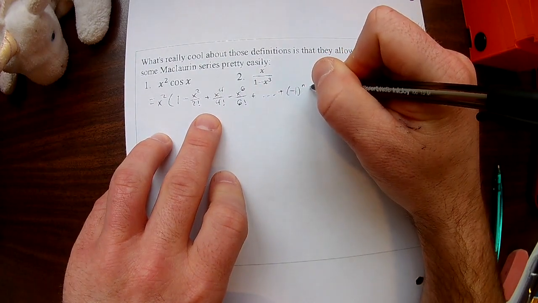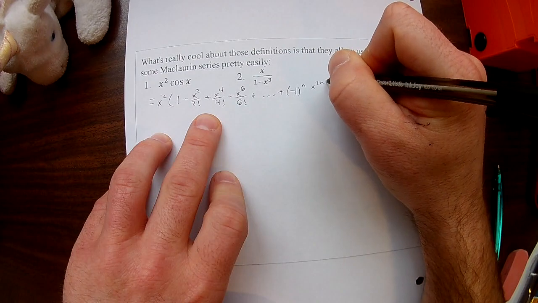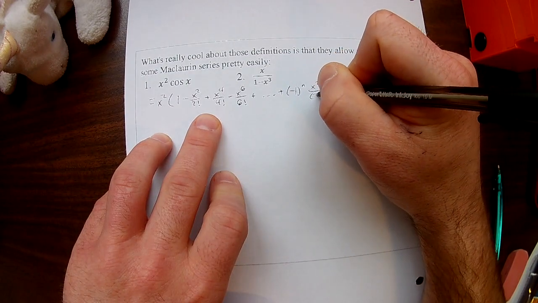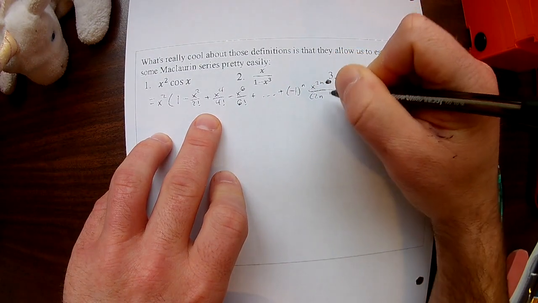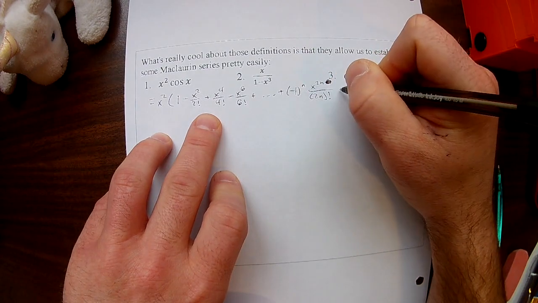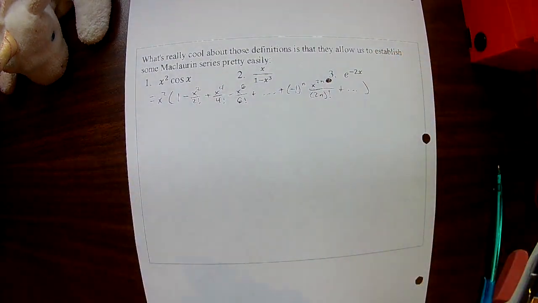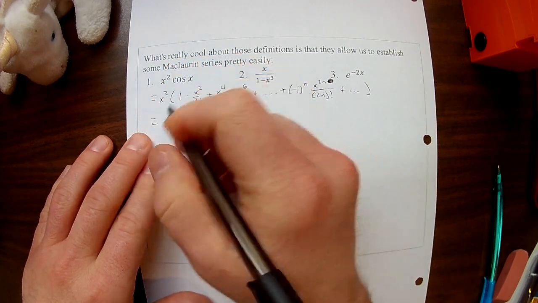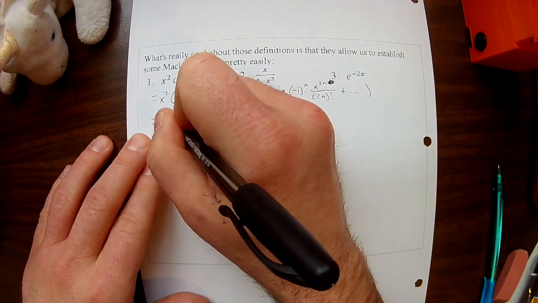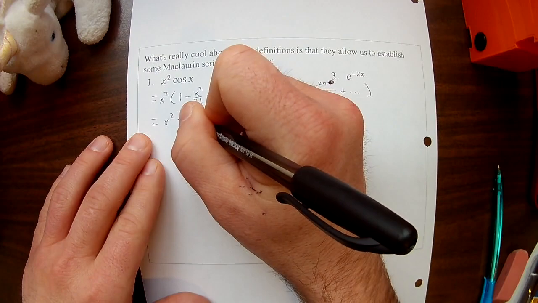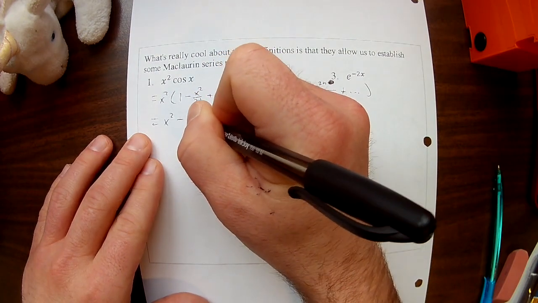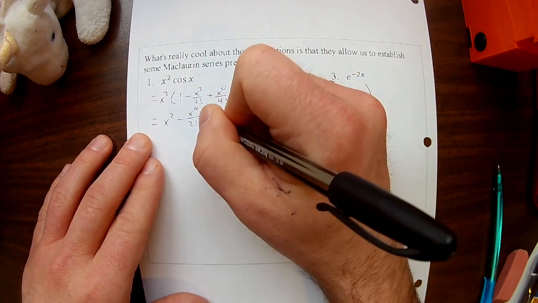Negative 1 to the nth times x to the 2n plus 1 over, no, not 2n plus 1, just 2n. It's cosine, so even. And here, I can just distribute. I've got x squared times 1 gives me x squared. X squared times x squared, x to the 4th over 2 factorial. Factorial doesn't change here.